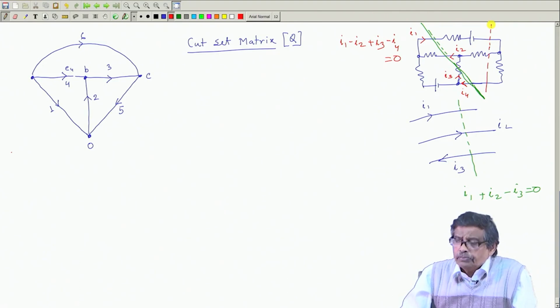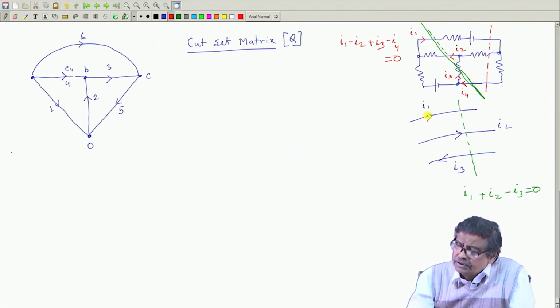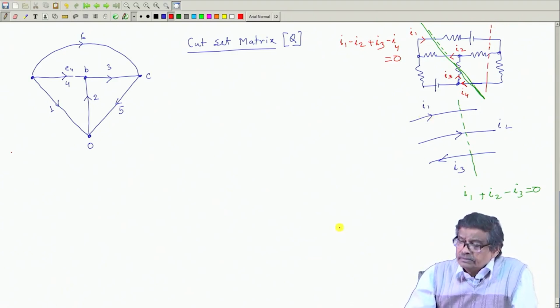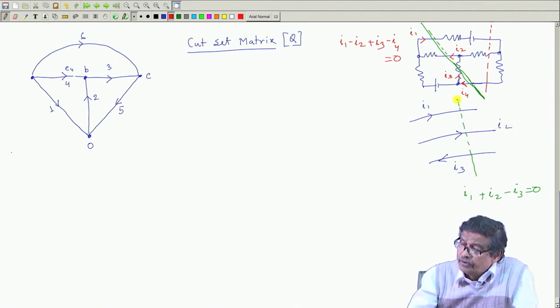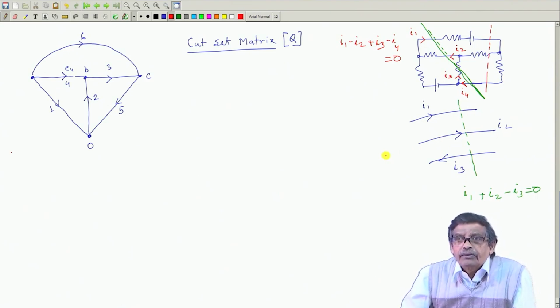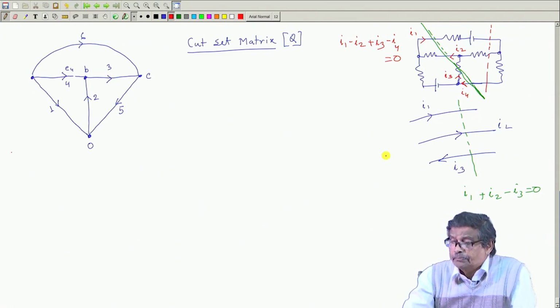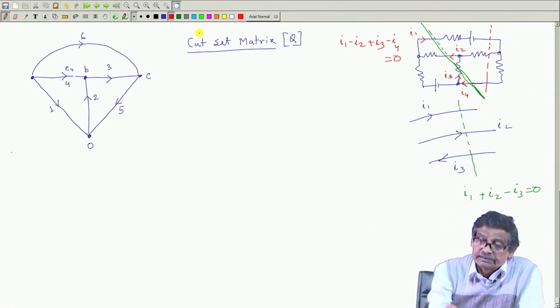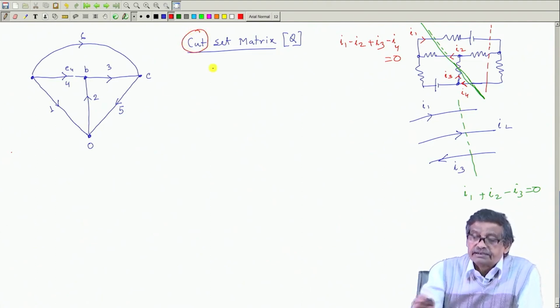It is expected to be so, because whatever current goes in from left to right or from this side to that side, the same amount of current must cross the other way round. Otherwise, there will be accumulation of charges and so on. So, this is the basic idea of writing equations for the cut set matrix.